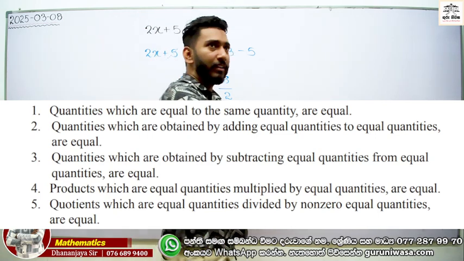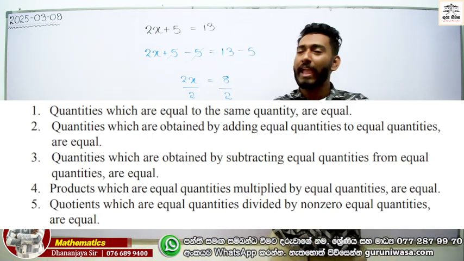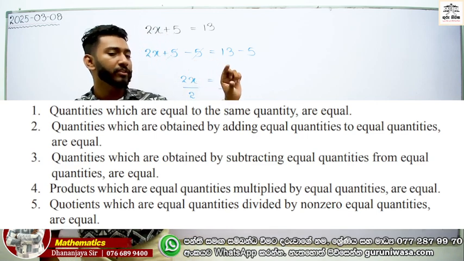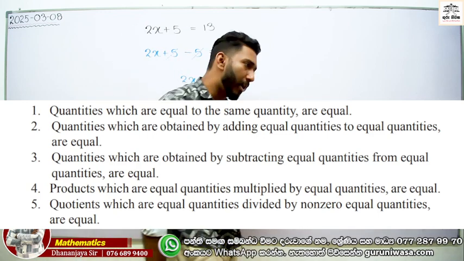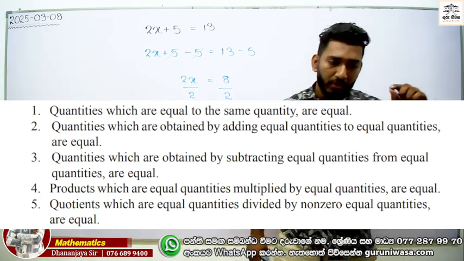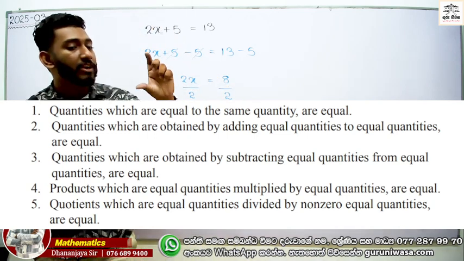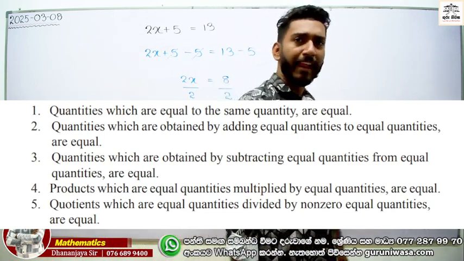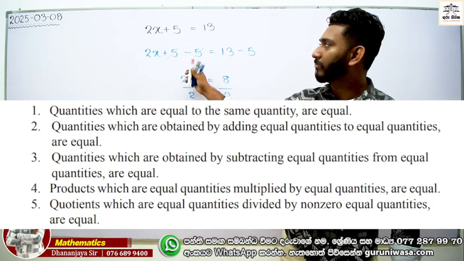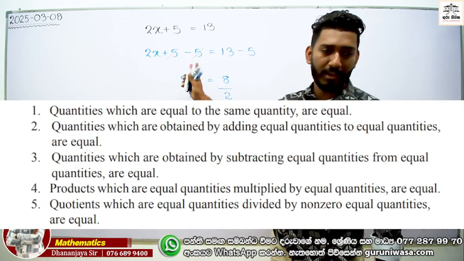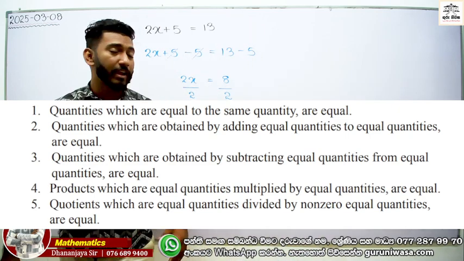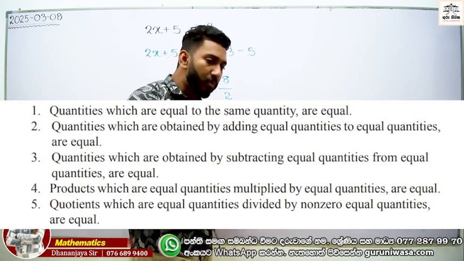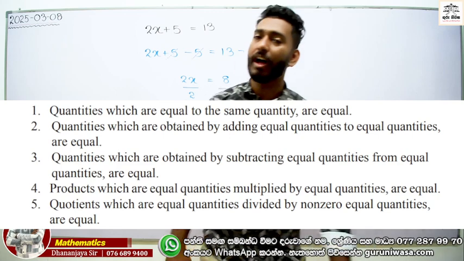Now look at this. This is to summarize the axiom lesson. The first one: quantities which are equal to the same quantity are equal. That's axiom number one. Axiom number two: quantities which are obtained by adding equal quantities to equal quantities are equal. Adding. And the third axiom, used in the equation: quantities which are obtained by subtracting equal quantities from equal quantities are equal.